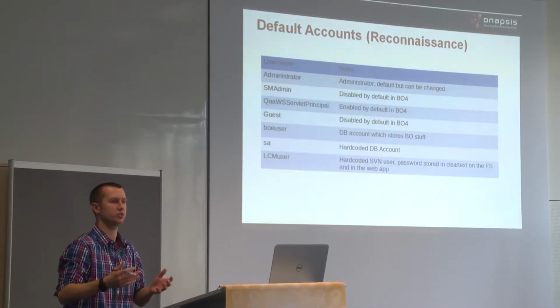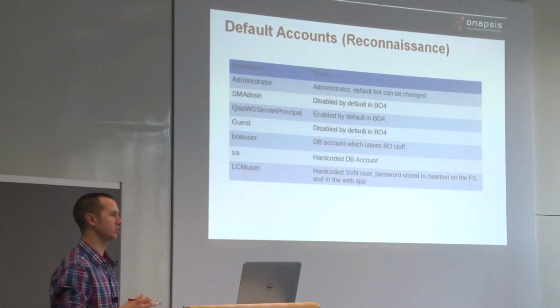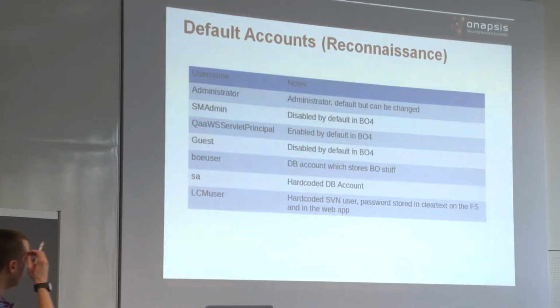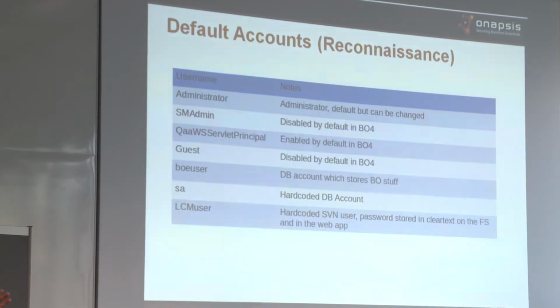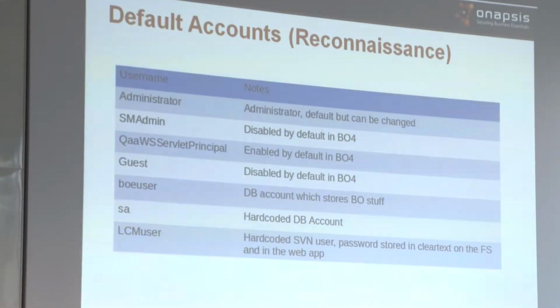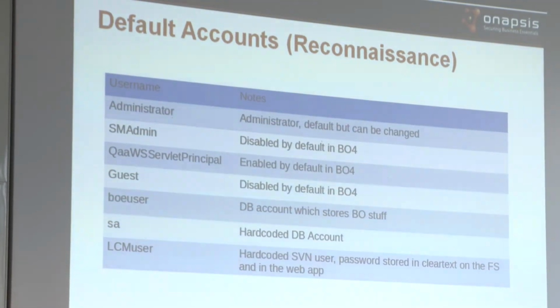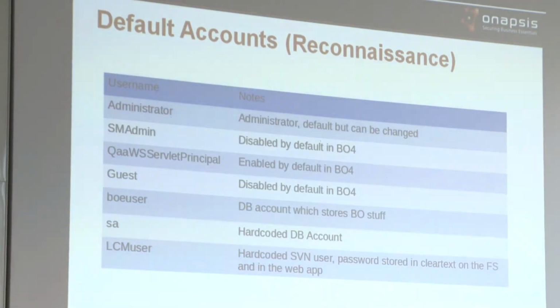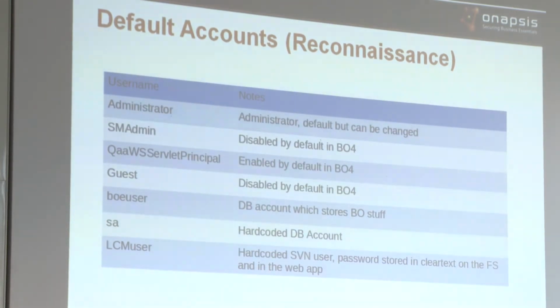It's actually kind of a cool feature: you can change the name of the administrator account to take that risk away. SM admin is disabled by default. QAAWS servlet principal is actually enabled by default in BO4. And then the guest account. The guest account is disabled, but it seems pretty common to enable it, which can be dangerous because there are some higher level privileges to the guest account than should probably be given to a guest account.